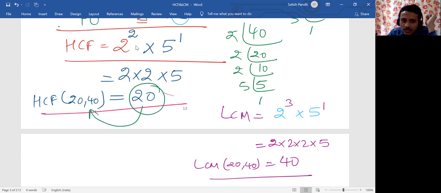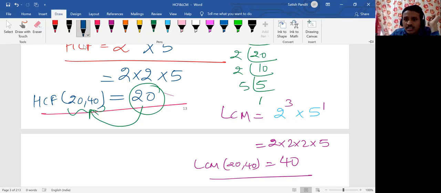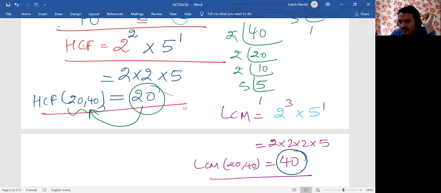Actually, sorry, HCF is the largest number which can divide 20 and 40 completely without leaving a remainder.